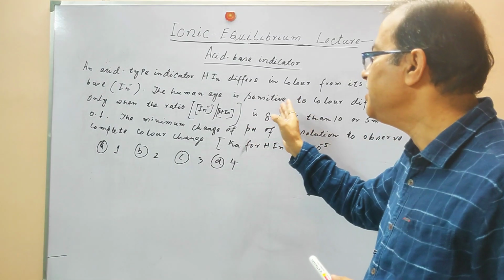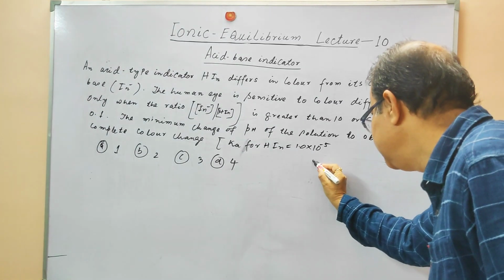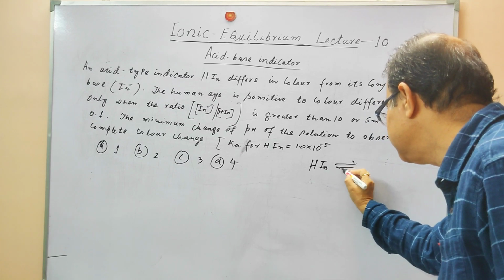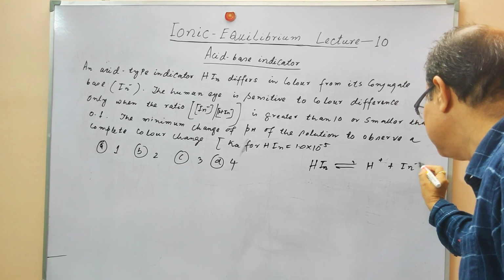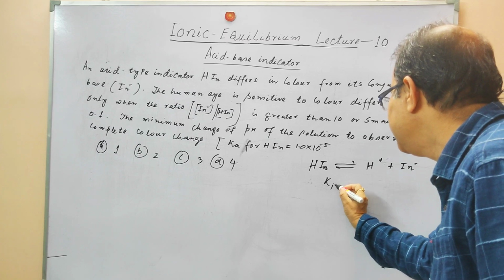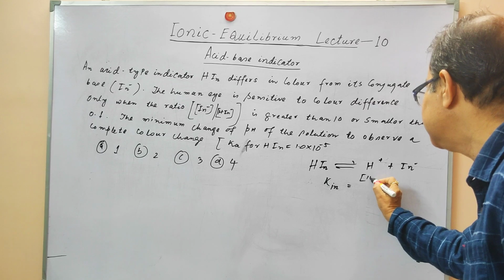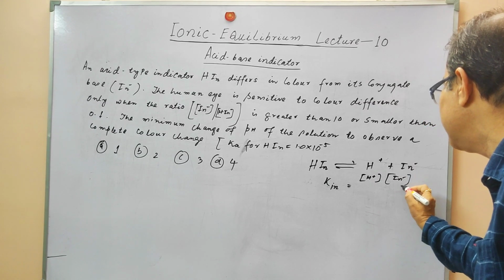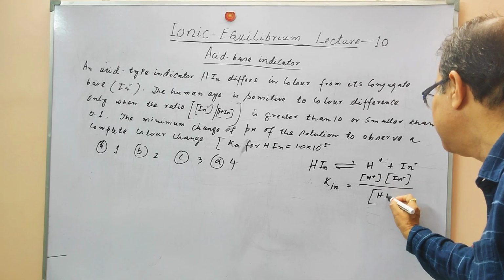Let us see its dissociation in the acidic medium: HIn dissociates into H plus and In minus. Its equilibrium constant, K indicator, is given by the concentration of H plus times the concentration of In minus, divided by the concentration of HIn.